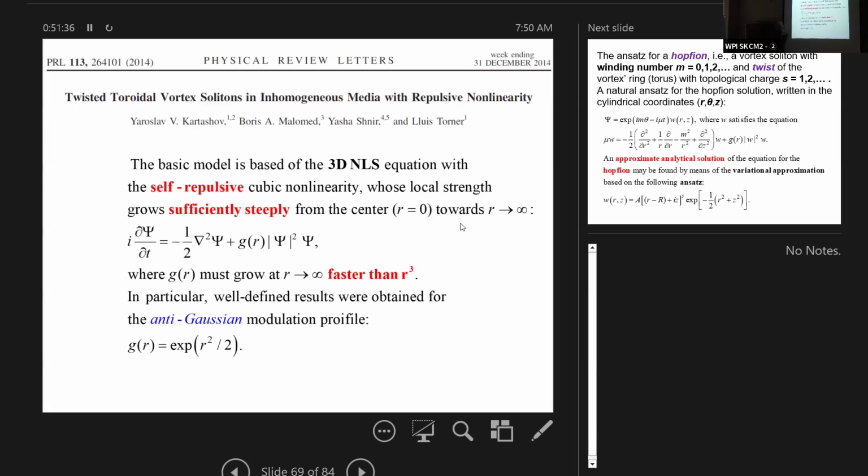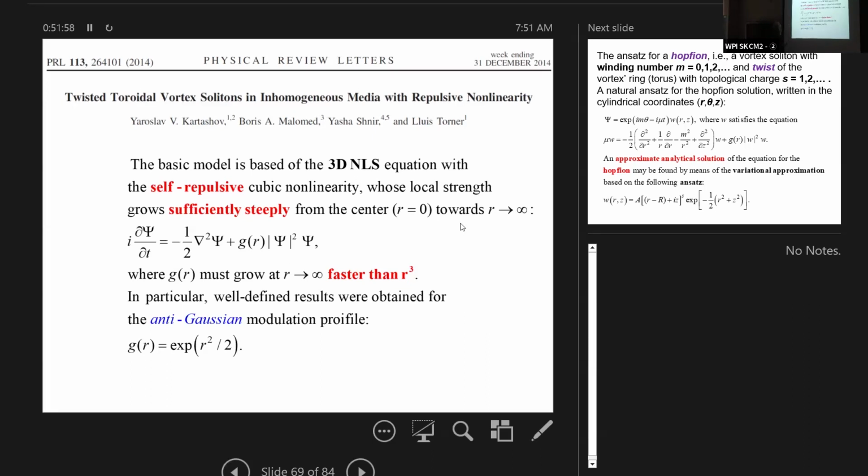The idea is that at the center, self-repulsion is weak, but far from the center it is very strong. Therefore, although these atoms always repel each other, they will prefer to minimize their energy by living together close to the center, where they have the smallest increase in the energy due to this mutual repulsion.